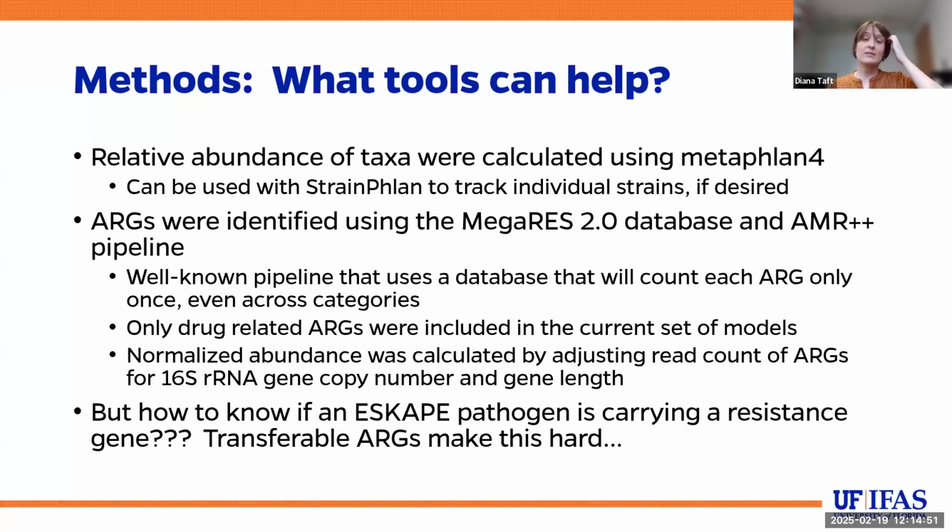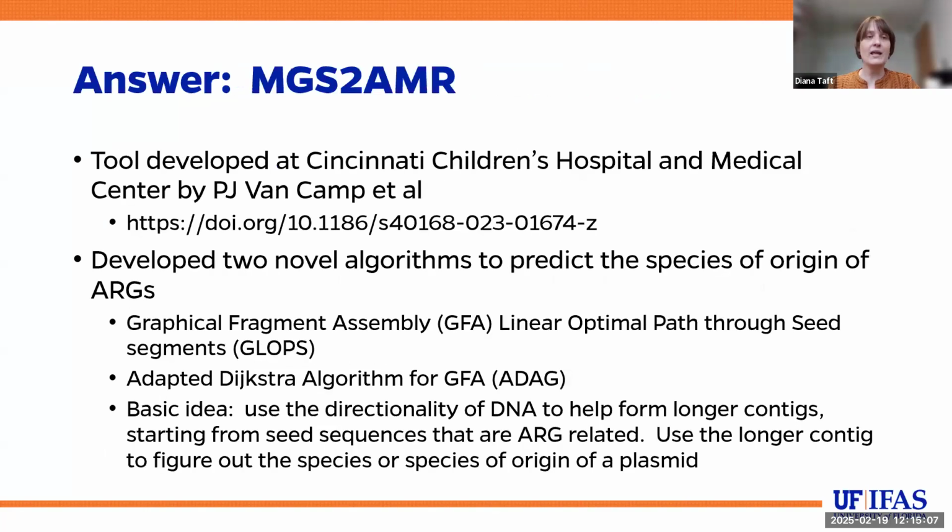But this still left the main puzzle of how do I know if it is an escape pathogen that is carrying a resistance gene and not just some other commensal within the gut microbiome. And I was very fortunate to find out about a tool called MGS2AMR.